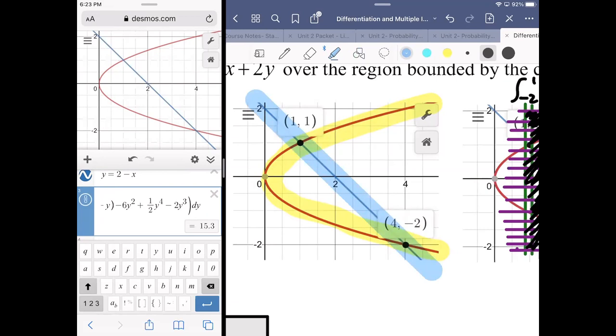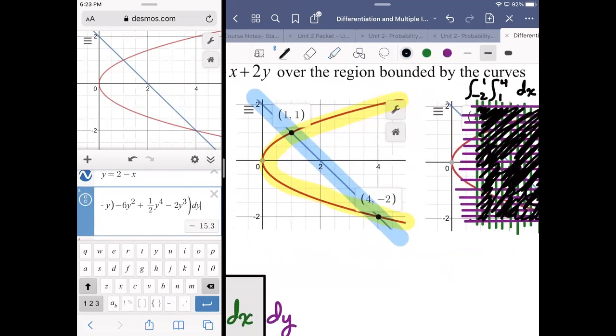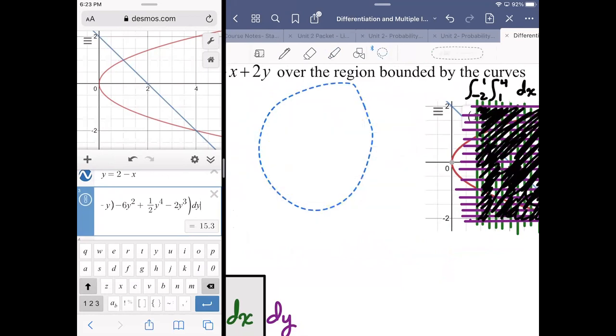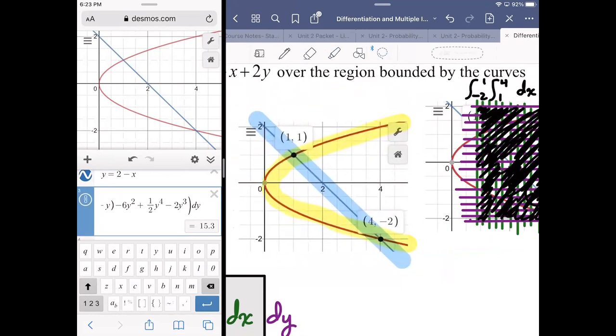Yeah. But the question is, what parts? Because I can say, all right, well, I wanted to go from one to the other. So I could say that this one is going from the y squared to the 2 minus y. But what part of the y squared to the 2 minus y?